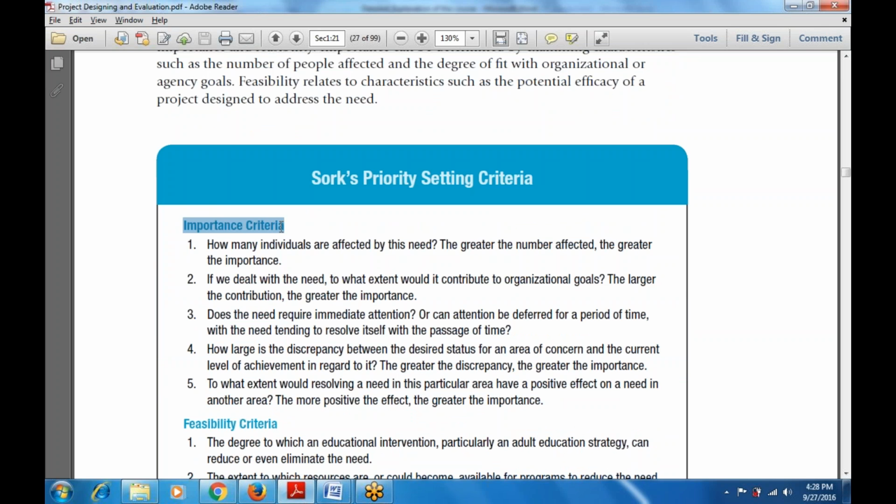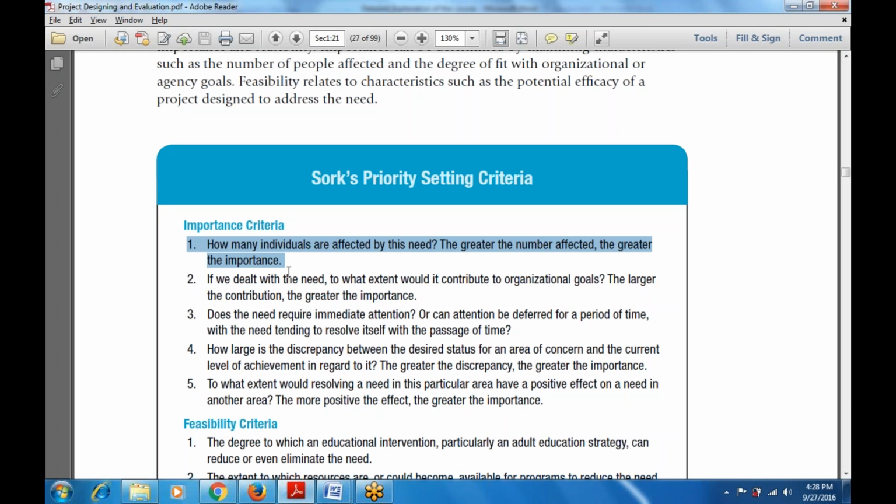One is the importance criteria: how many individuals are affected by this need? The greater the number affected, the greater the importance. If we deal with the need, to what extent would it contribute to the organization's needs? The larger the contribution, the larger the importance.